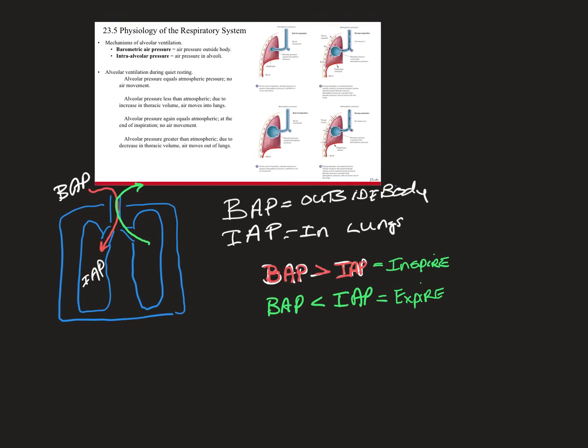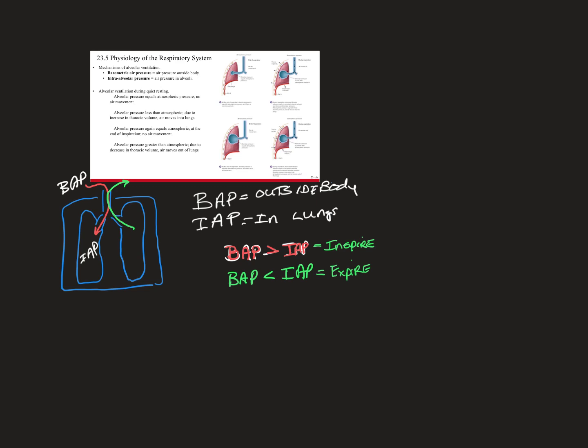Right? So let's look at this from another angle. If intra-alveolar volume increases, then what happens to intra-alveolar pressure? It decreases, and that would mean that I am going to inspire.